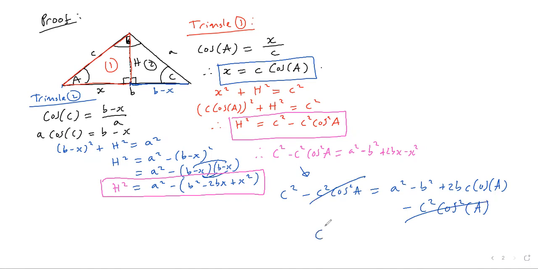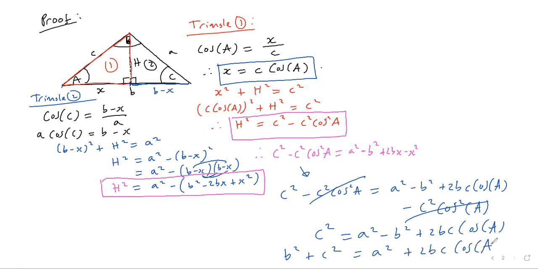So we're going to be left with c squared equals a squared minus b squared plus 2bc cos of the angle A. Now what we can do is make a squared the subject of the formula. So we can add the b squared to both sides. So we get b squared plus c squared equals a squared plus 2bc cos a.